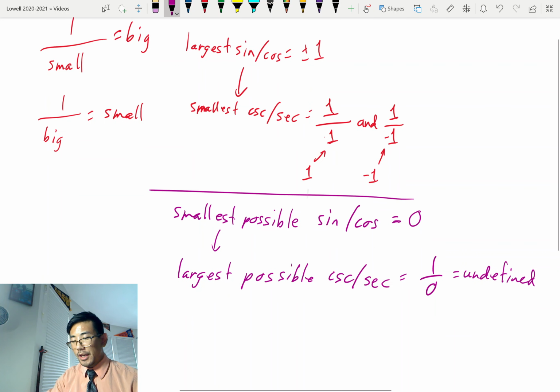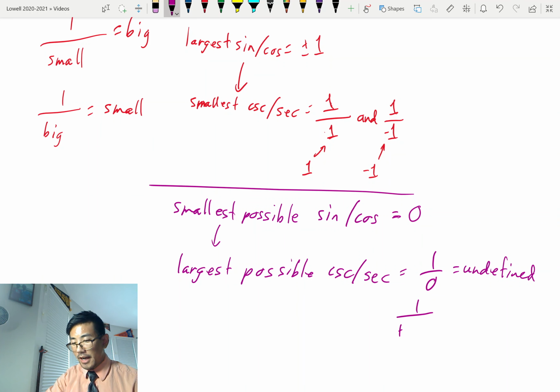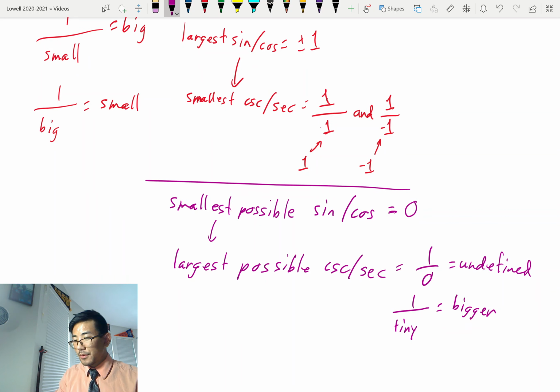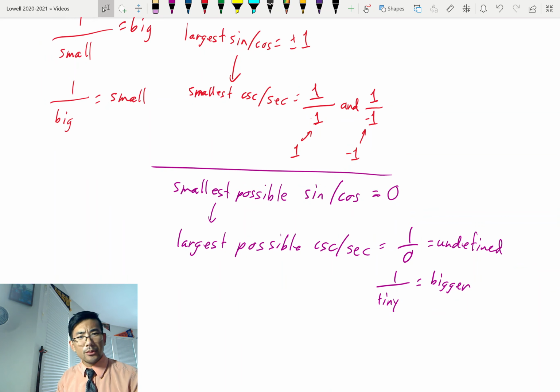But what if I have 1 divided by a tiny number, and tinier and tinier numbers? This value is getting bigger and bigger. In fact, it will eventually get infinitely big. You get as big as you want. And we could have a tiny negative number or a tiny positive number, so this could be a giant number, positive or negative.